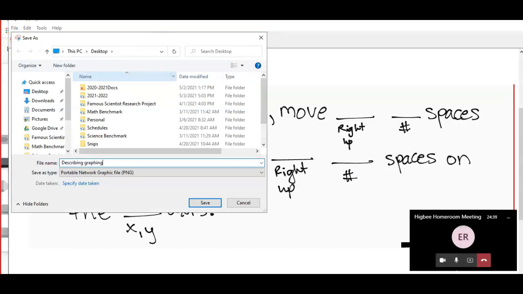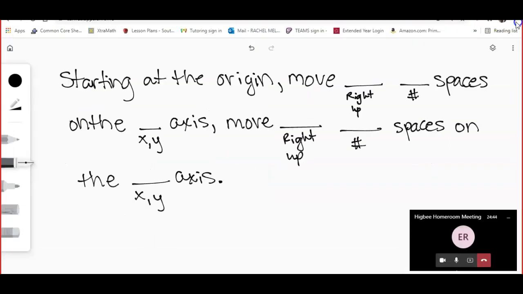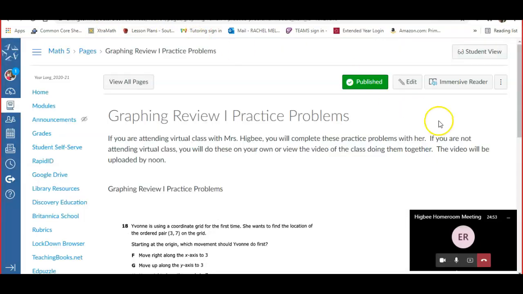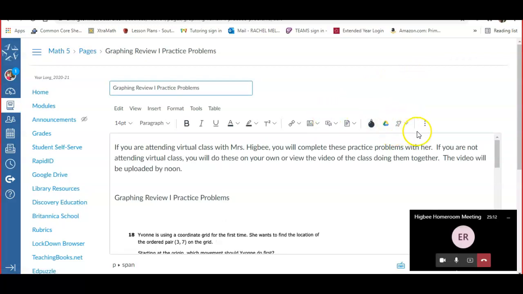Describing graphing. Okay, I did that because I'm going back over here to the practice problems to put it in there in case you need it again. Perhaps you should not interrupt me when I'm talking.